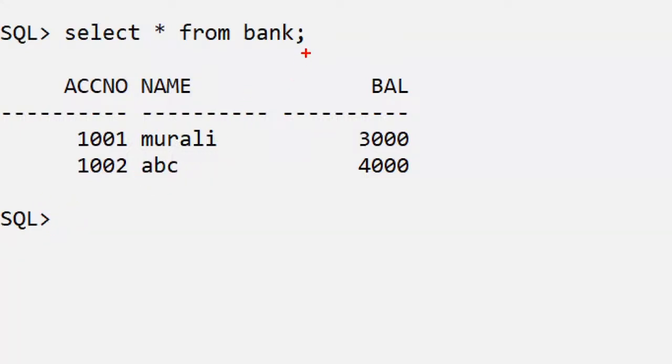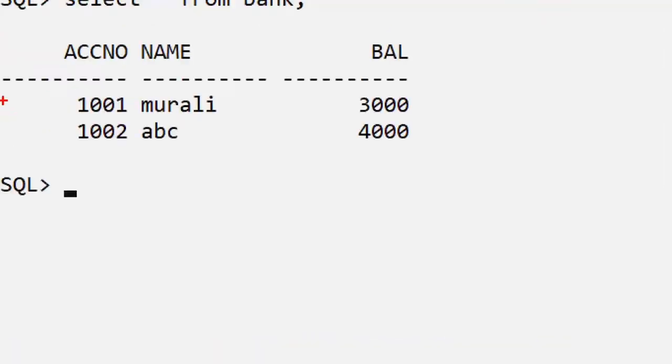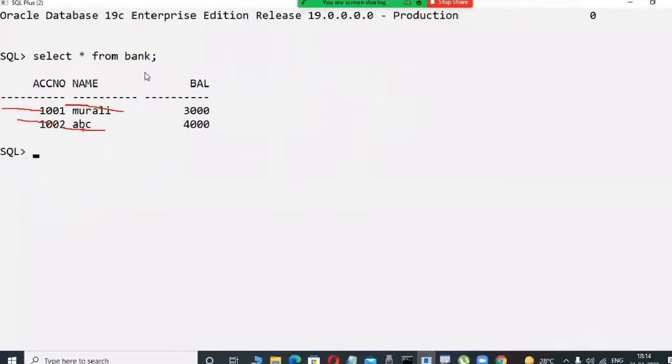Suppose this is the SBI bank, and this is the data. Observe here, these are columns: account number, name, and balance. These are called columns. Here, these like 1001 are called rows or data.